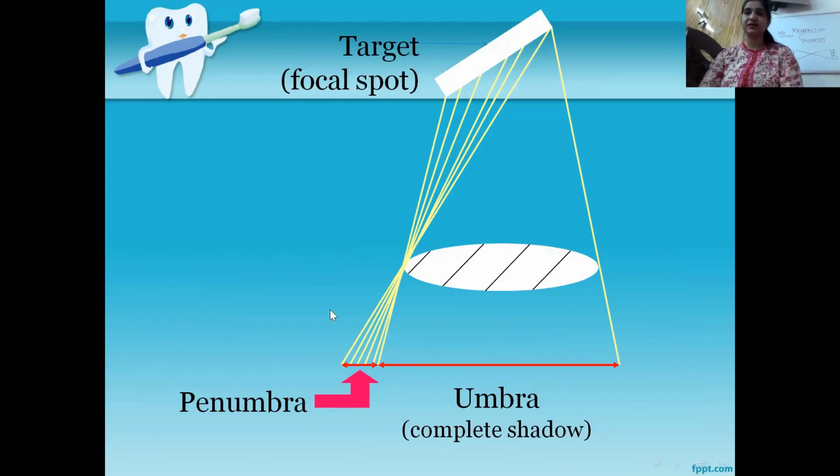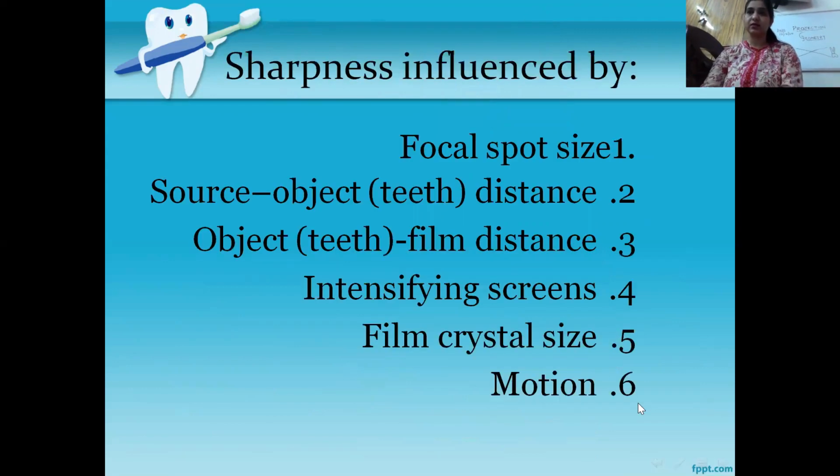So the edges of the film reproduce the penumbra, and the area of interest comes with complete shadow. Therefore, this image will be more sharp. Sharpness is influenced by focal spot size, source to object distance, object film distance, intensifying screen, film crystal size, and motion.